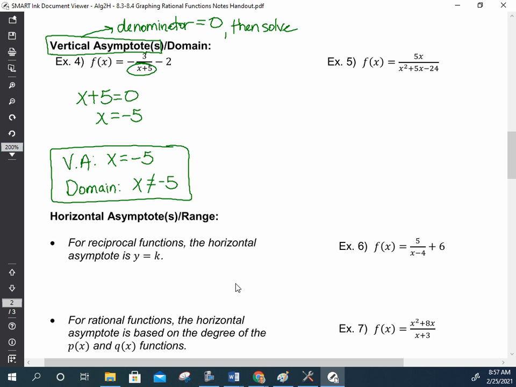Vertical asymptotes: set the denominator equal to 0. That rule applies regardless of what type of function it is. So this one's a little bit more complex. Take the denominator, set it equal to 0.